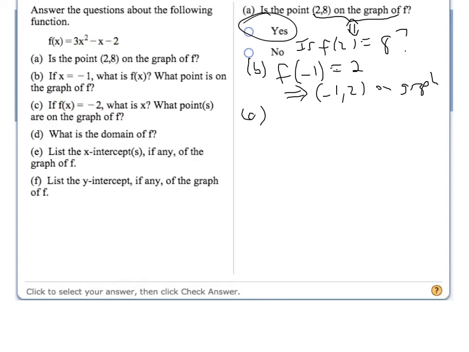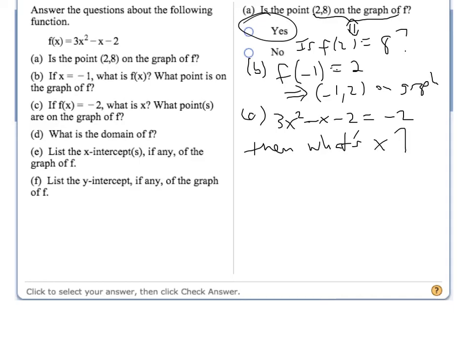This problem is really asking: if 3x squared minus x minus 2 equals -2, what's x? This question is literally telling us that the output, this formula, gives us -2. What does the x have to be? I can solve this just as a normal algebraic equation.